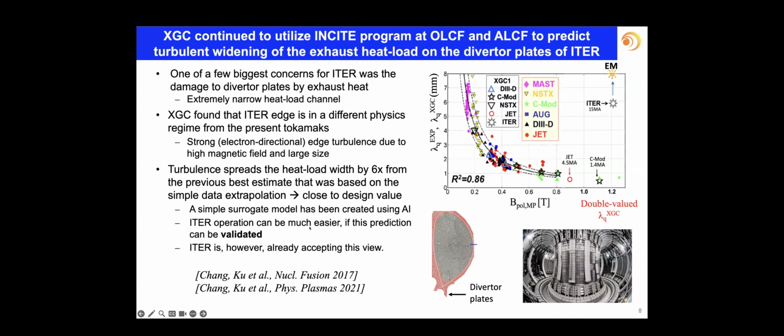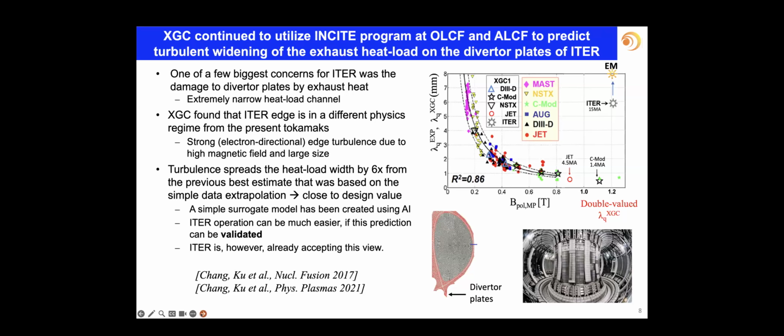ITER and the community demanded that we validate it on the current machines. ITER, however, was already accepting this view, and they were using turbulence actually. This was electrostatic turbulence. I have an arrow which I'll explain a little later, another new discovery.